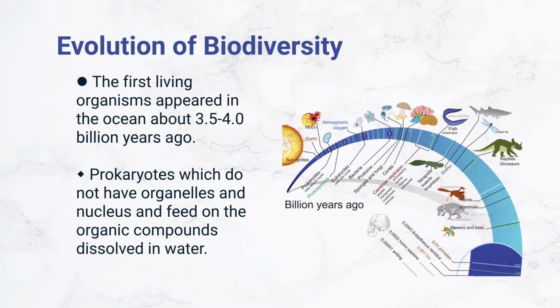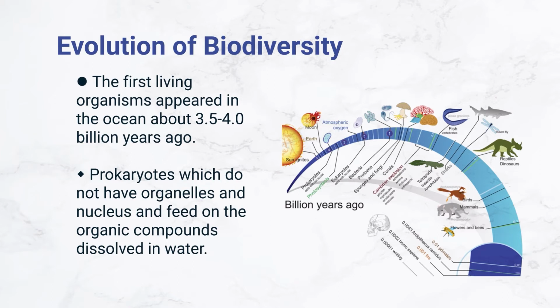Then, as we have seen, biodiversity is diversity in living beings. And how it evolved. As we learned, the formation of planet Earth took place around 4.5 billion years ago, when a part of the sun separated from it.